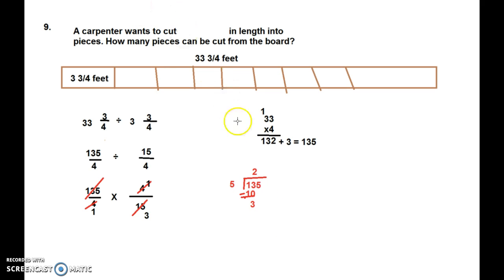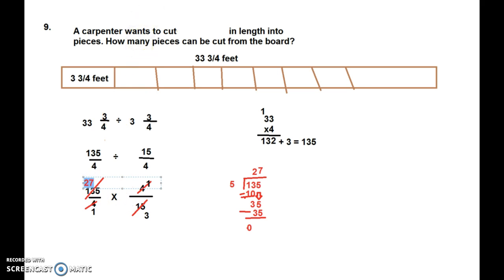Bring down your next number, so this becomes 35. And 5 times what equals 35? 5 times 7 does. Nice even number for us. 35 minus 35 equals 0. We're done with this division, so this is going to become 27.